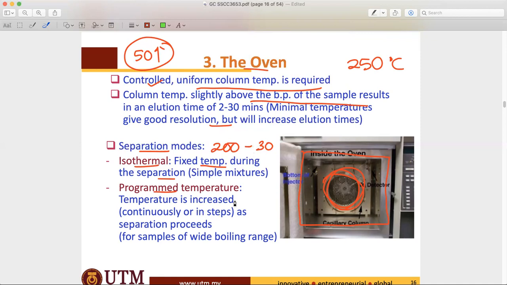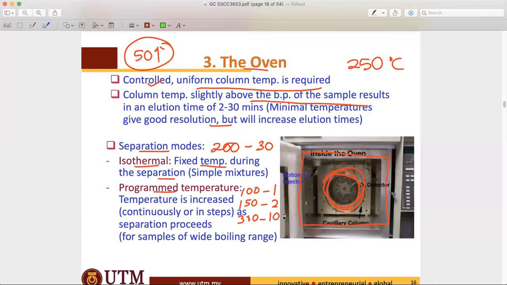But for program temperature, the temperature is set, for example, at 100 Celsius for 1 minute. Then you would increase the temperature to 150 Celsius for another 2 minutes. Then you set it to become 300 Celsius for another 10 minutes.